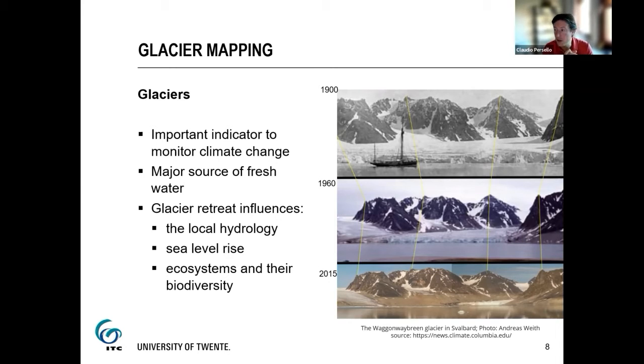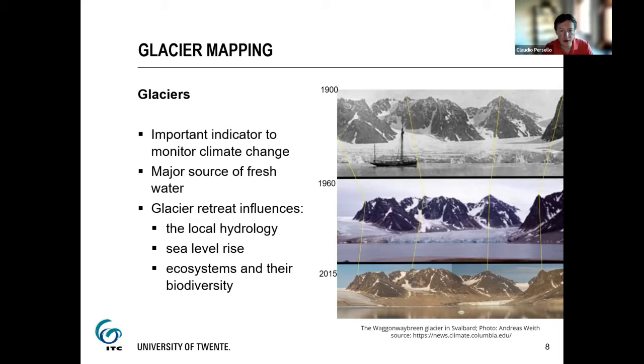It is influencing the local hydrology and, probably even more dangerous at the global level, the sea level rise. And of course, it influences the ecosystems, the biodiversity of these areas. So mapping and monitoring how glaciers are evolving in time is very important.